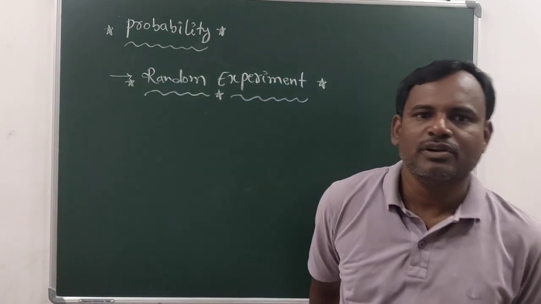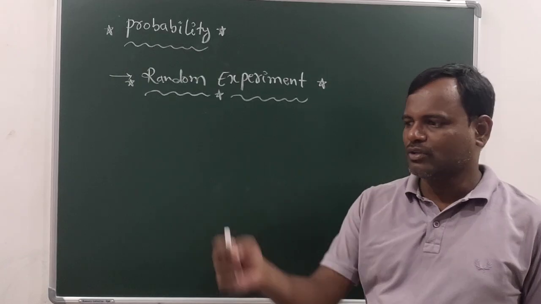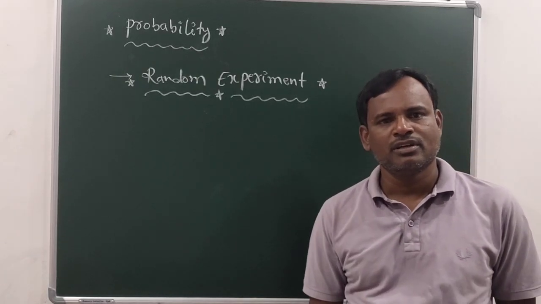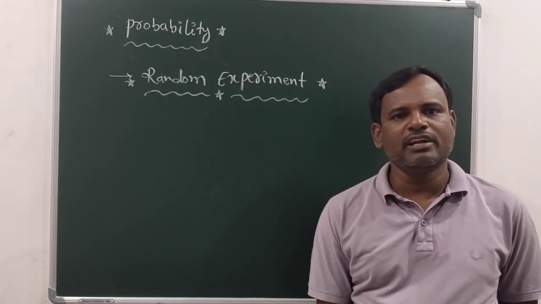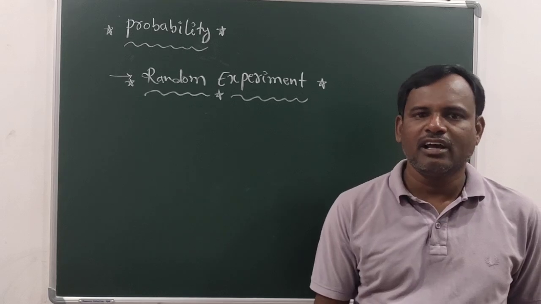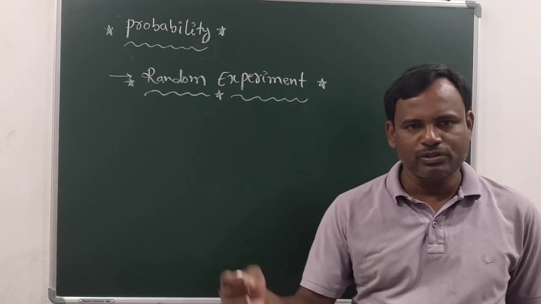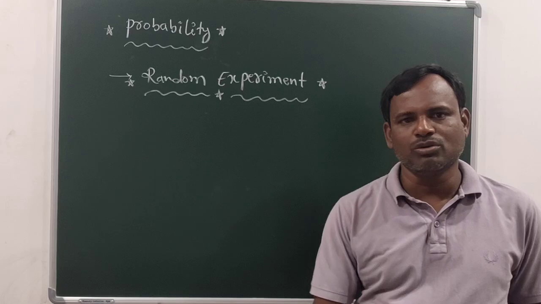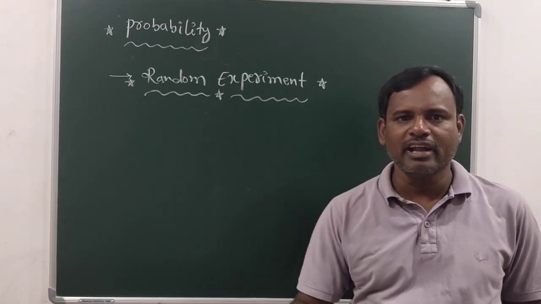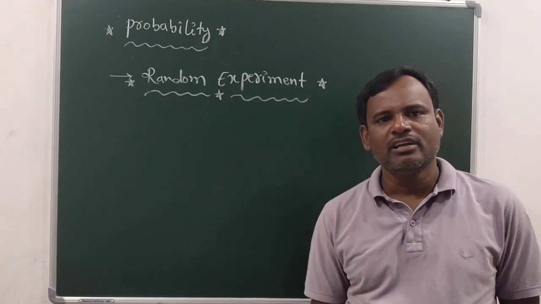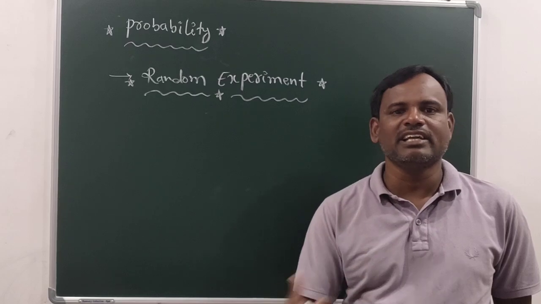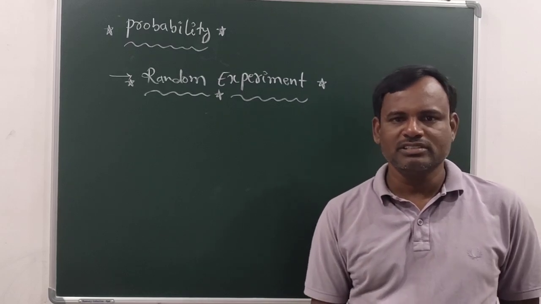For example, take a coin and throw upwards. So what do we get? Either we may get a tail or head. So if we throw a coin, as we know, whose outcomes, either we may get tail or head. But while throwing, we cannot predict the exact outcome. Yes or no?